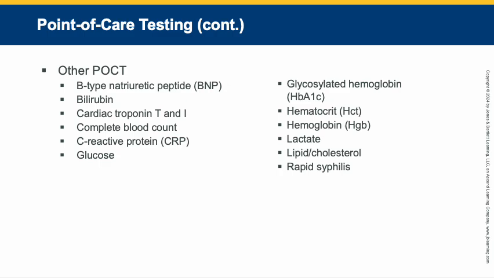You can just glance over these. You don't have to memorize these. BNP, bilirubin, cardiac troponins, CBCs, CRPs, glucose, hemoglobin A1Cs, hematocrit, hemoglobin, lactate, lipids, cholesterols, and rapid syphilis. These are just some other things that they do have the possibility of doing at the bedside.